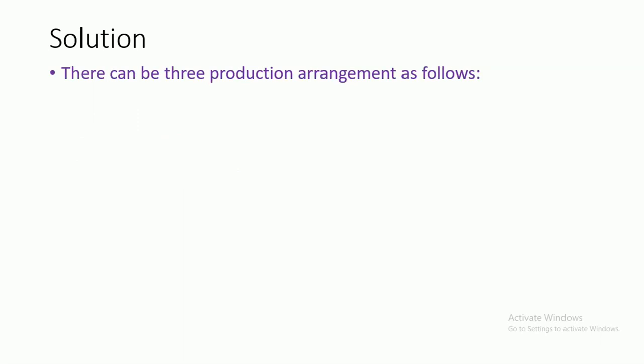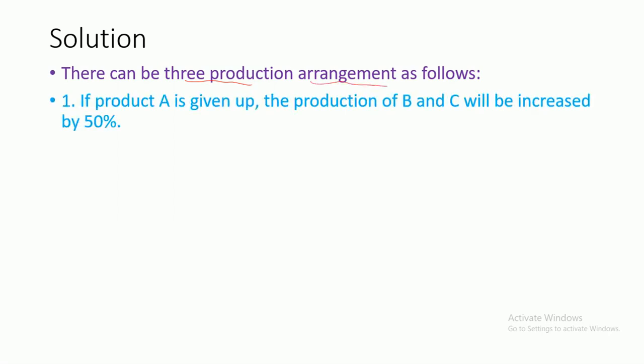Okay, now let us see one by one. Situation 1. So three alternative production arrangements can be. Number 1, if product A is given up, suppose we drop product A, then product B and product C will continue, and the production will be increased by 50%.